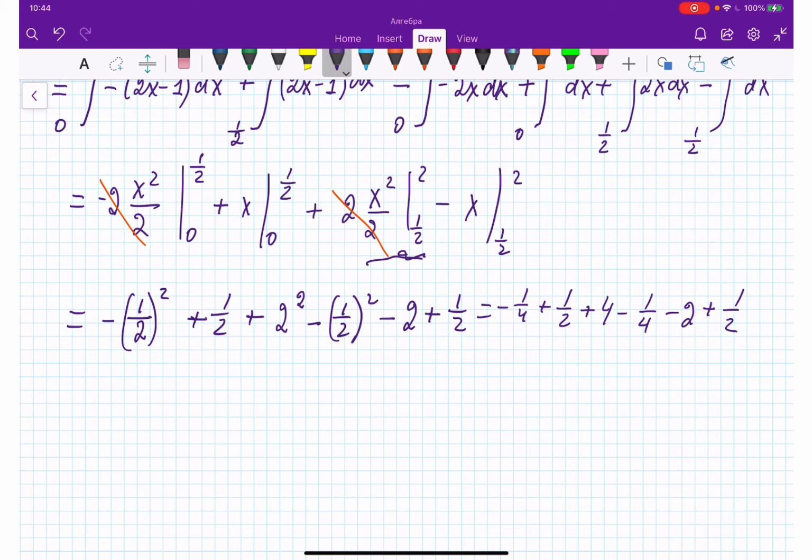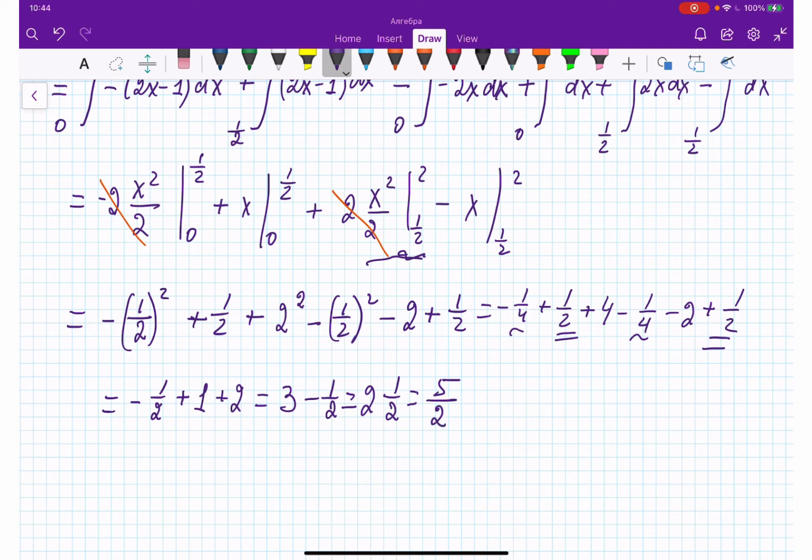Negative 1/4 and negative 1/4 make negative 1/2. The two halves make 1, and 4 minus 2 makes 2. So it makes 3 minus 1/2, which is 2 and 1/2, which is 5/2. Okay, we are done with this one.